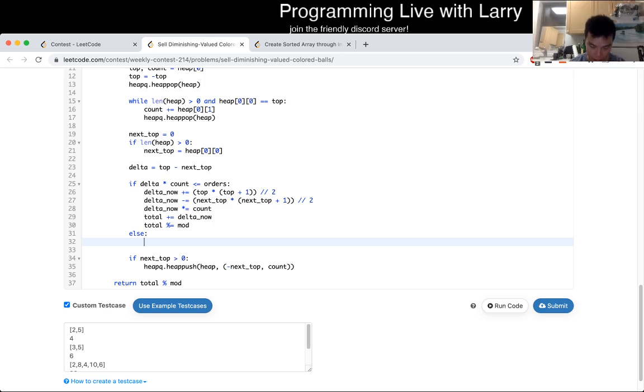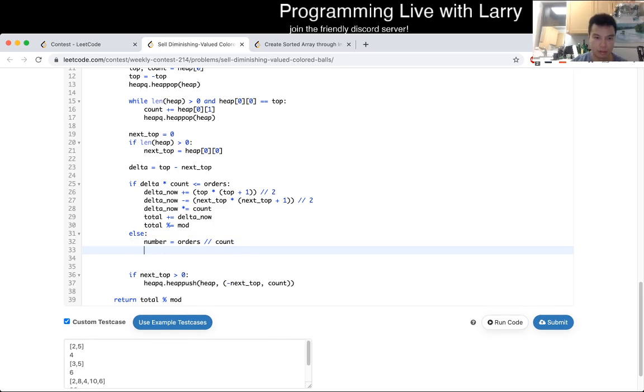So that means that delta times count is less than orders. So for every count, do that first.